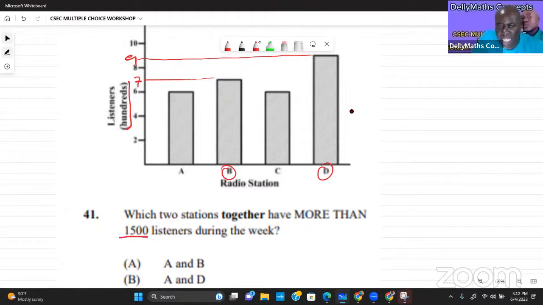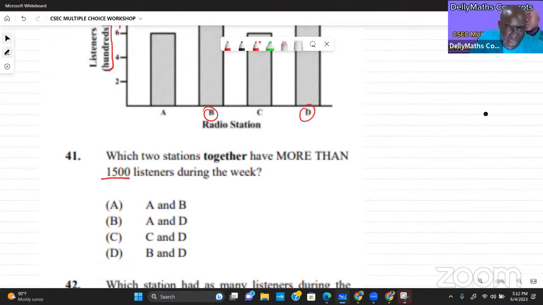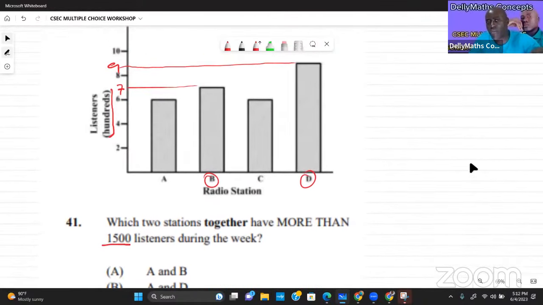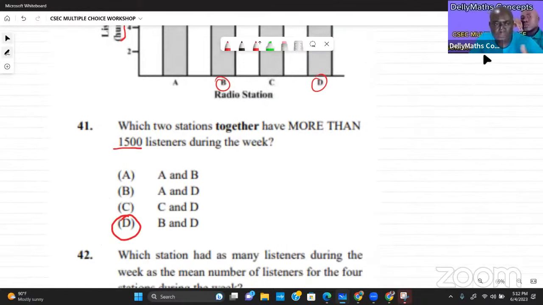So the answer is B and D. We're looking for B, D for that one. All right, because I said which one of them would have had more. So the key thing in this though is to go across with the top of the column to see where it is, so you can know what you're doing.